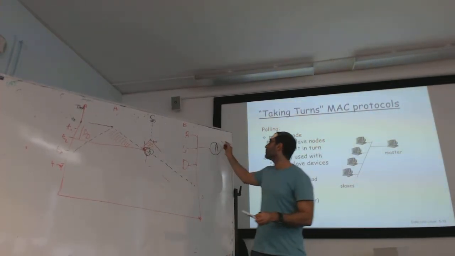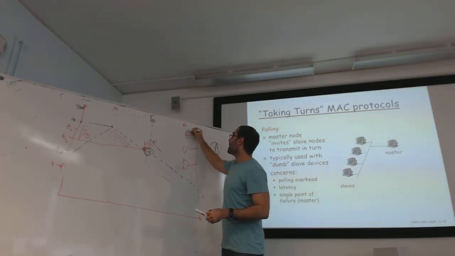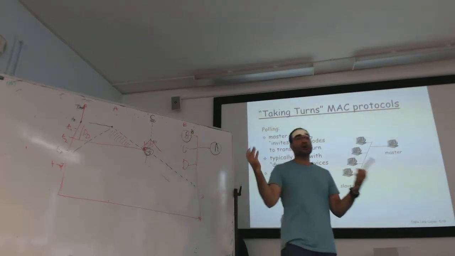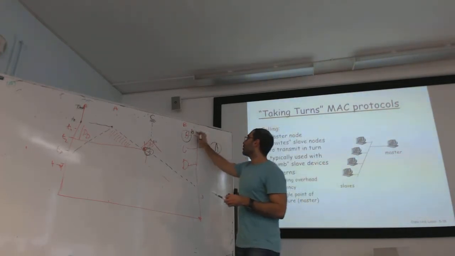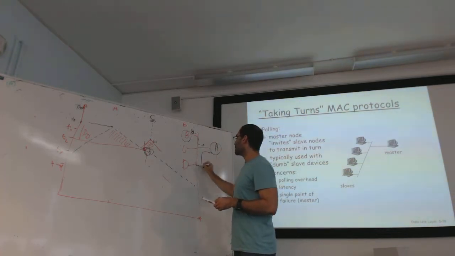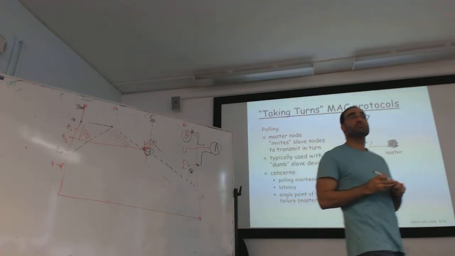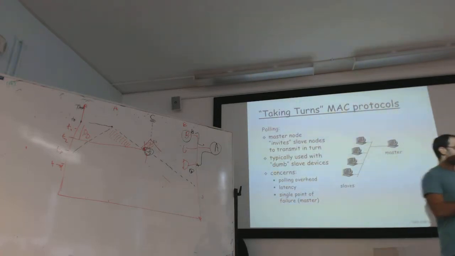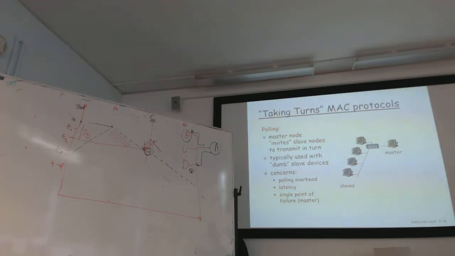If you send that poll information to B, that node can send at that time. When that data is sent, B can send the poll again to a different node, and that node can send information. Simple as that. So the master node invites slave nodes to transmit, typically used with dumb slave devices.